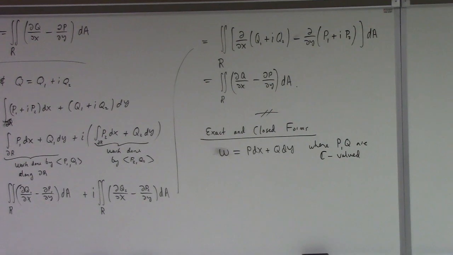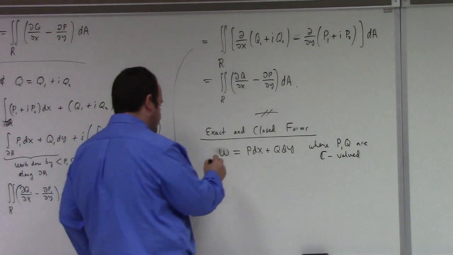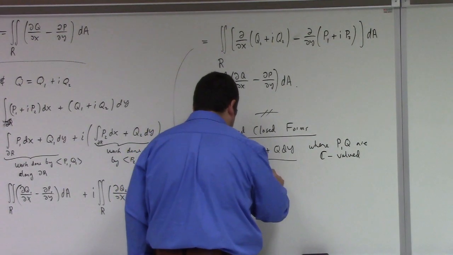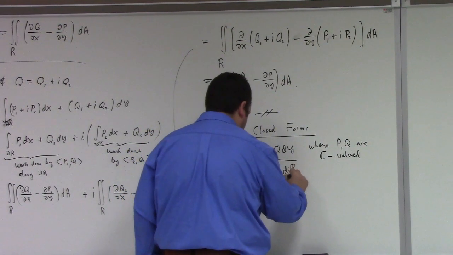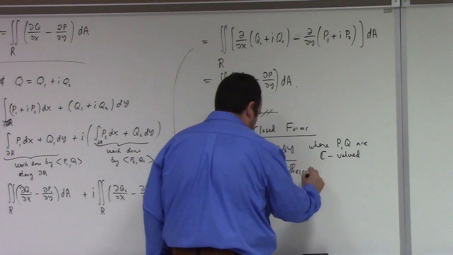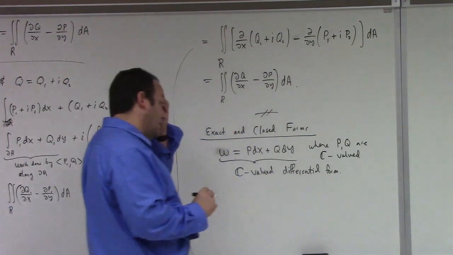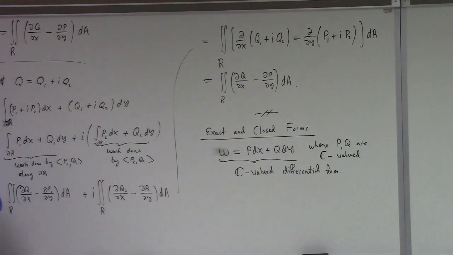Or you could say it's a differential form. A complex valued differential form. Right? Now you can talk about complex valued differential forms and you can decide whether or not they're exact or whether or not they're closed.